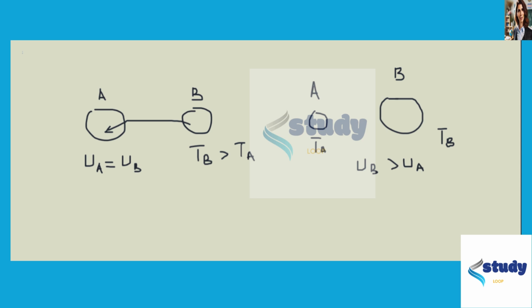Like in this case, TA, the temperature of object A, is greater than the temperature of object B. This is possible. Although the total internal energy of object A is less than the total internal energy of object B, the temperature of object A may be greater than the temperature of object B.